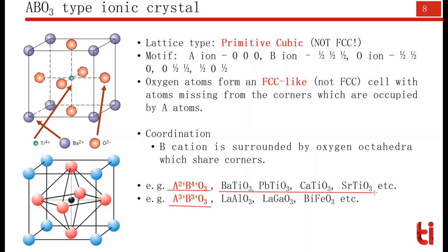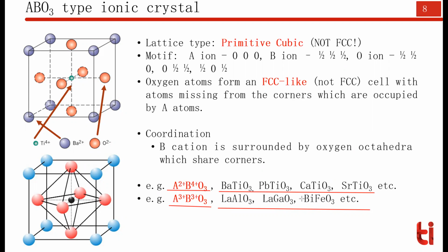While the lanthanum and aluminum based solids generally form perovskite structures with the A3+, B3+, O3 type of structure. The typical examples are LaAlO3 or LaGaO3, BiFeO3.